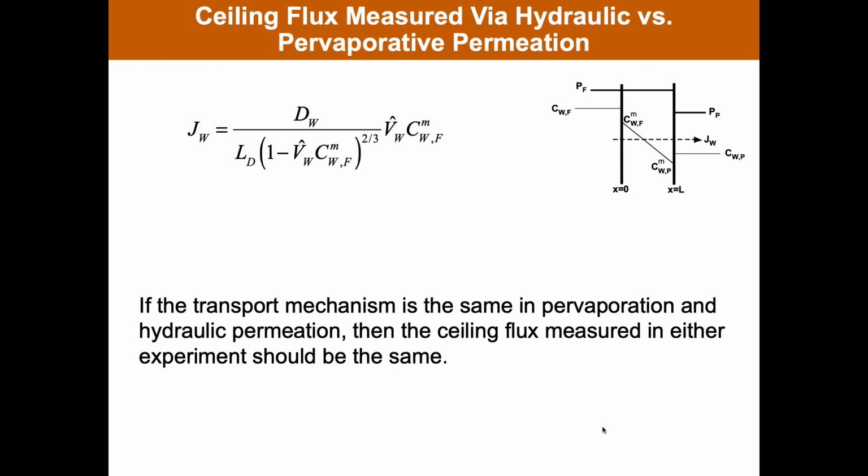We said that you could increase that feed pressure, and as you increase the feed pressure, the flux went up. But that didn't happen forever. You couldn't raise the pressure to infinity and the flux would go to infinity. You raise the pressure on the feed side and the flux would level off and become essentially independent of feed pressure. Why was that? Backside concentration.